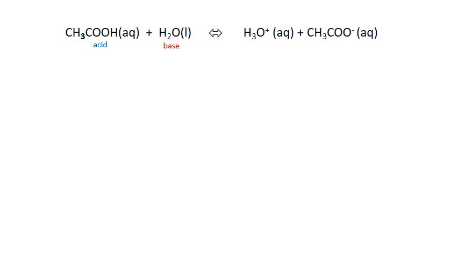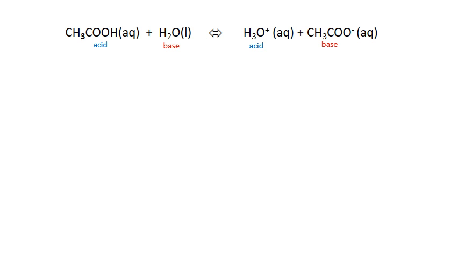Moreover, if you look at it from the other side, this is an equilibrium, and we're looking at reactions that go in both directions. If you look at the reaction going from right to left, H3O+ is donating a proton to acetate. So in that case, H3O+ is an acid and acetate is a base because it's accepting that proton.